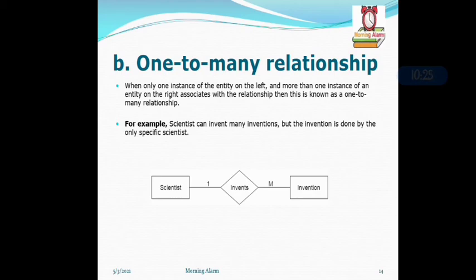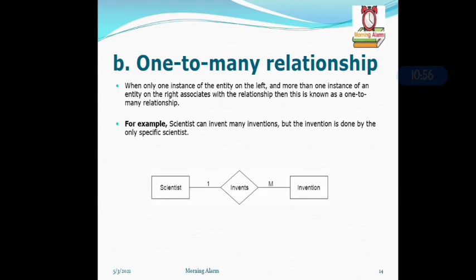In the diagram we can see scientist and invention are two entities and the relationship existing between them is invents. One scientist can invent many inventions, but one invention can be invented by only one scientist. This is called one-to-many relationship. Here we see from left to right the instances are one and many, so it is one-to-many relationship.